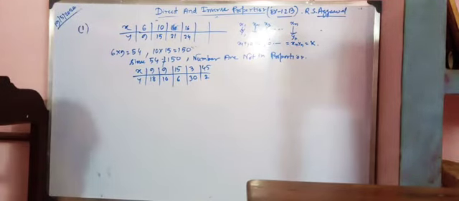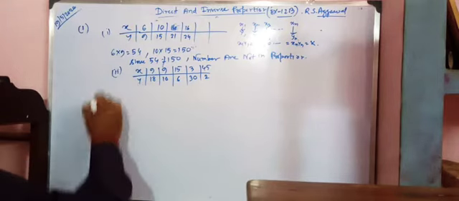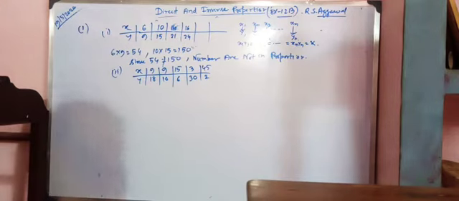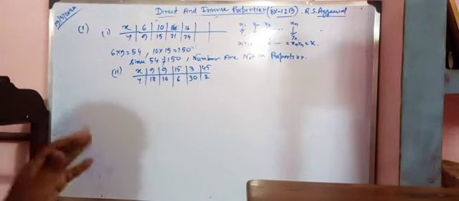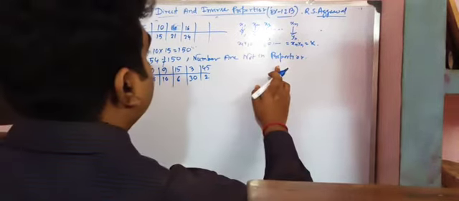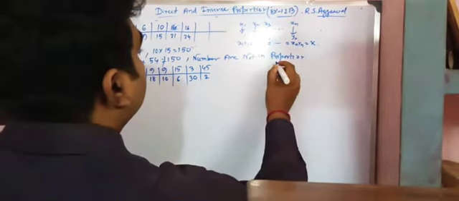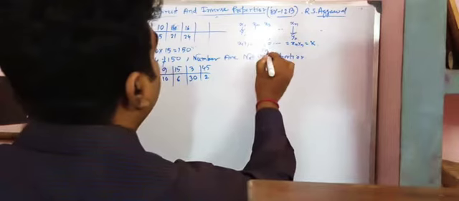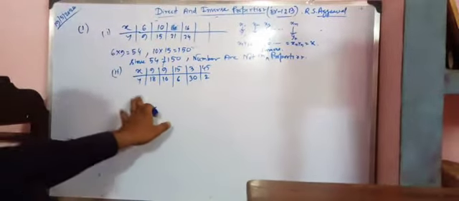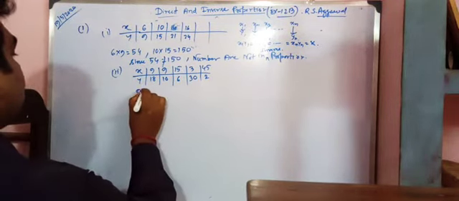This is question number 1, part 1, and this is question number 1, part 2. We have to observe and show whether these numbers are in inverse proportion or not.